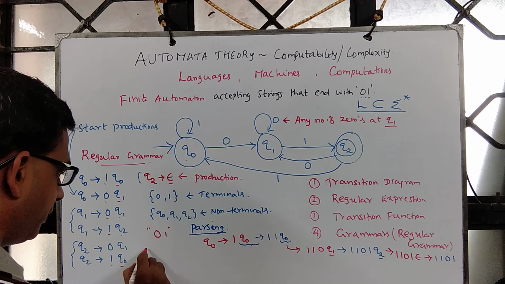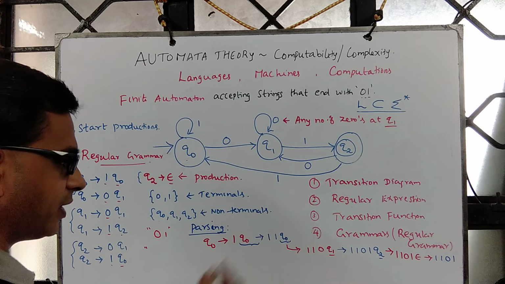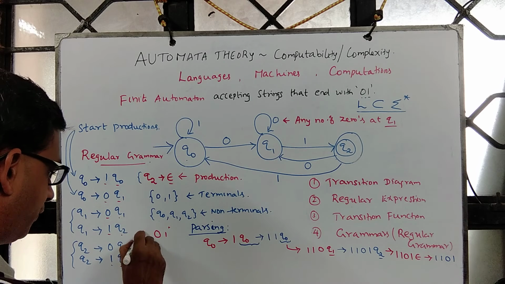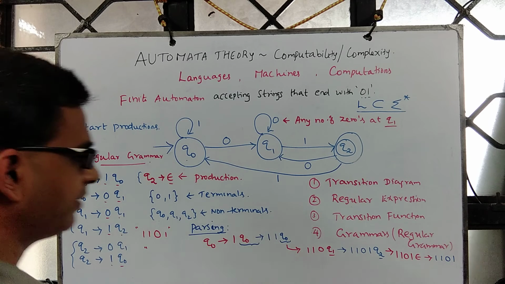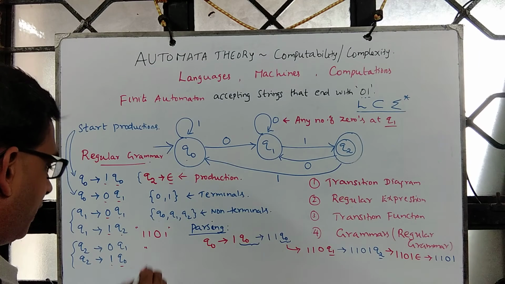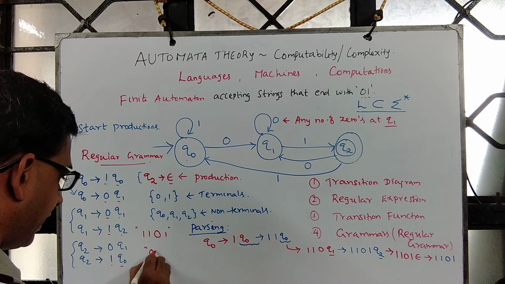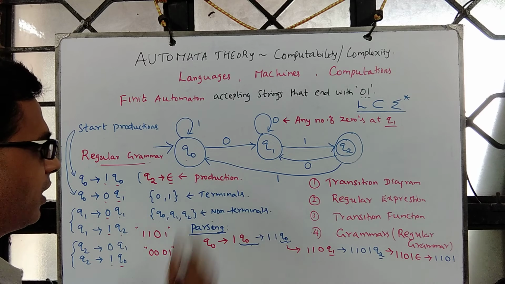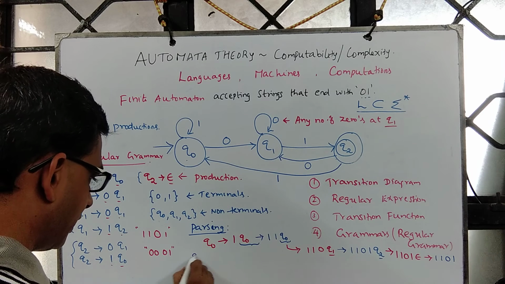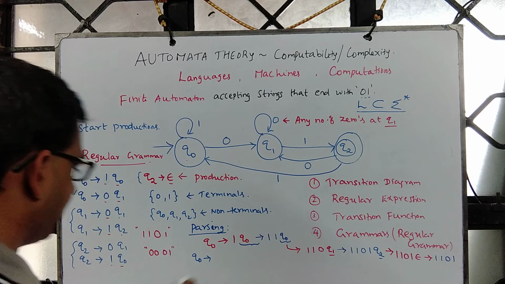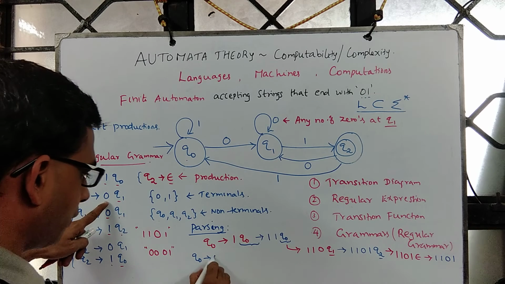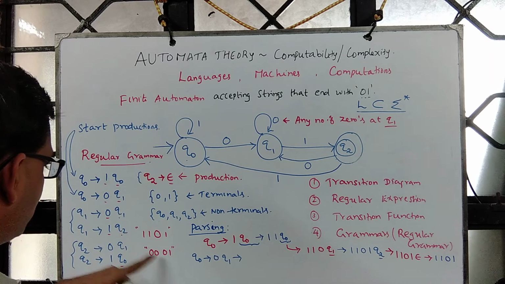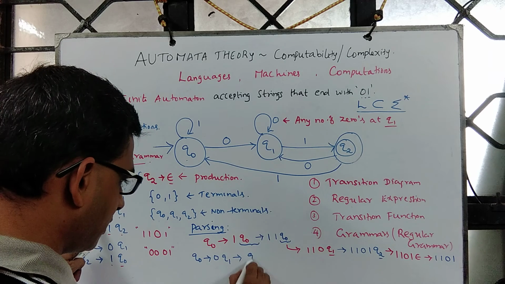I said 01, but in fact we have shown 1101. Suppose you want to parse, say, 0001. Then appropriately choose the production. Q0 implies 0 Q1, and the next one is 0, so I should choose this.